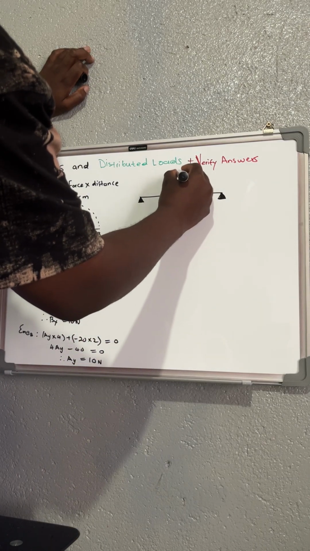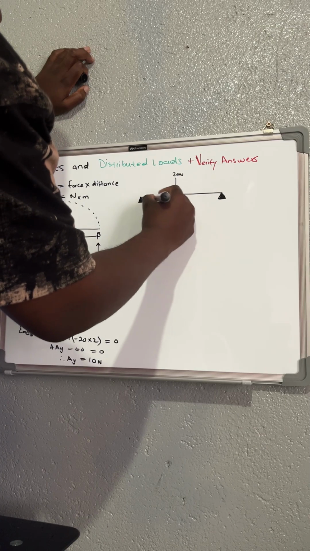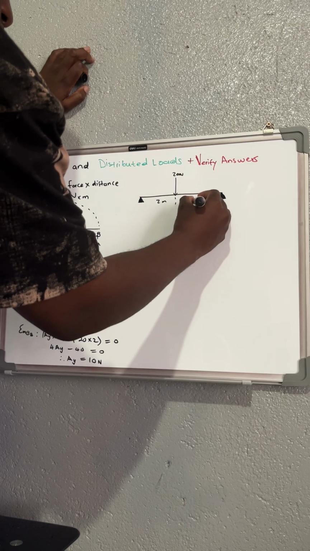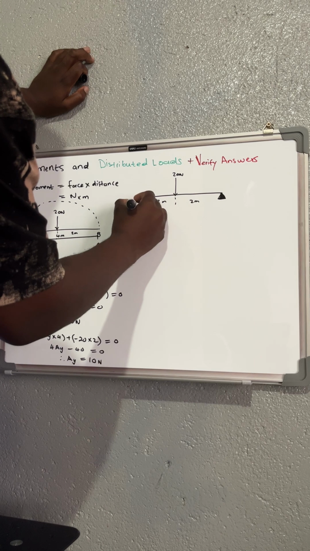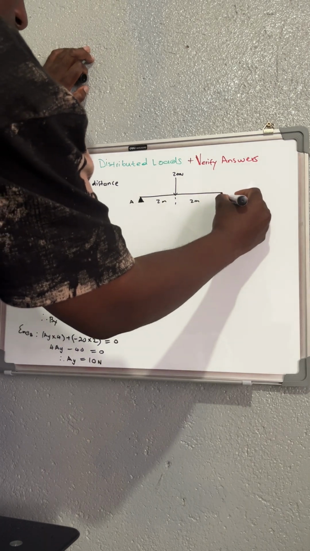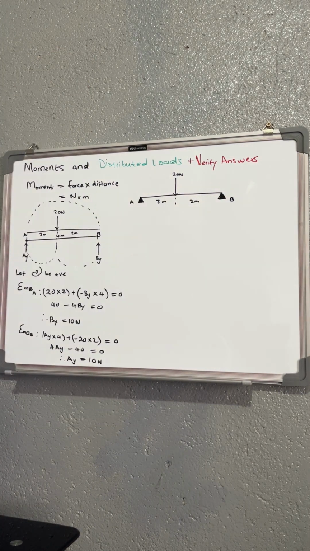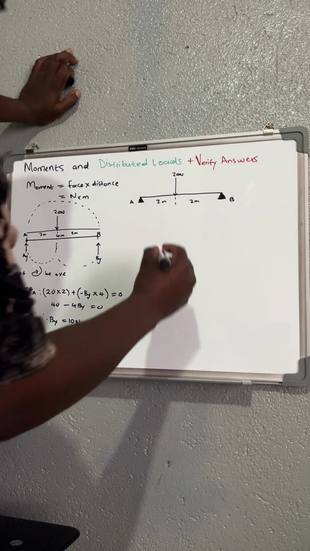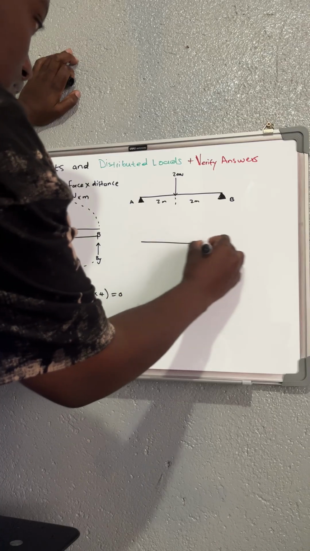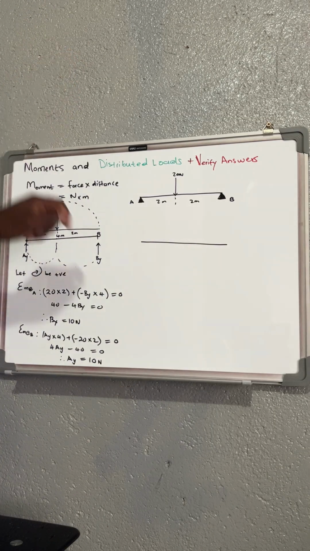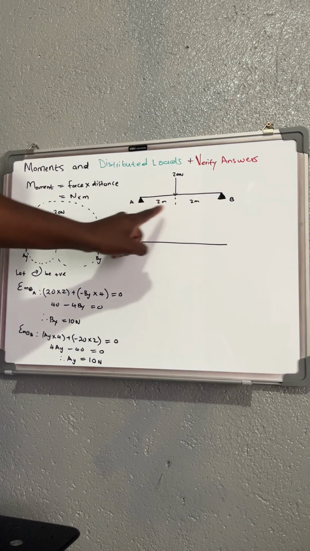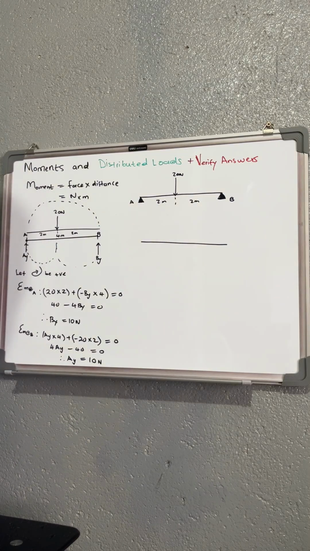Here you have your 20 Newton, here you have your 2 meter, you have your 2 meter, then they tell you here it's your A, then here you have your B. So first things first, you make sure that you draw your free body diagram. Then you're going to say you have a diagram that looks like this, but what do these 2 pins do?